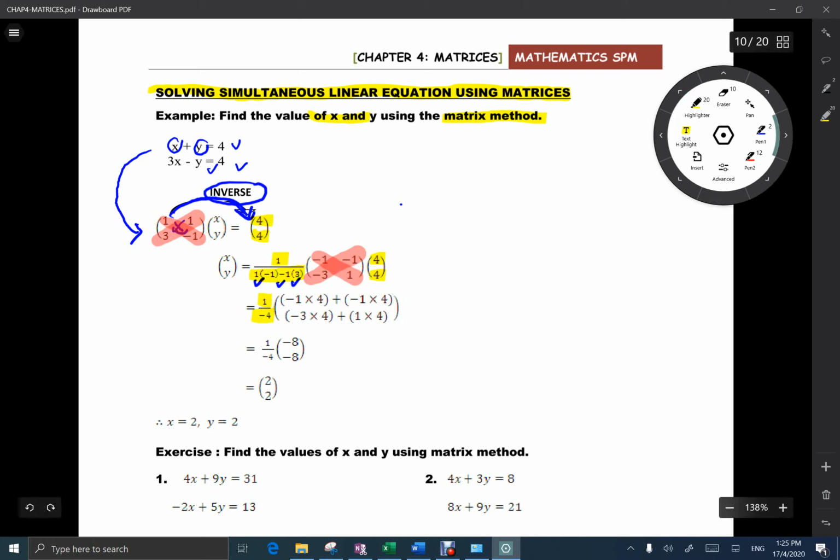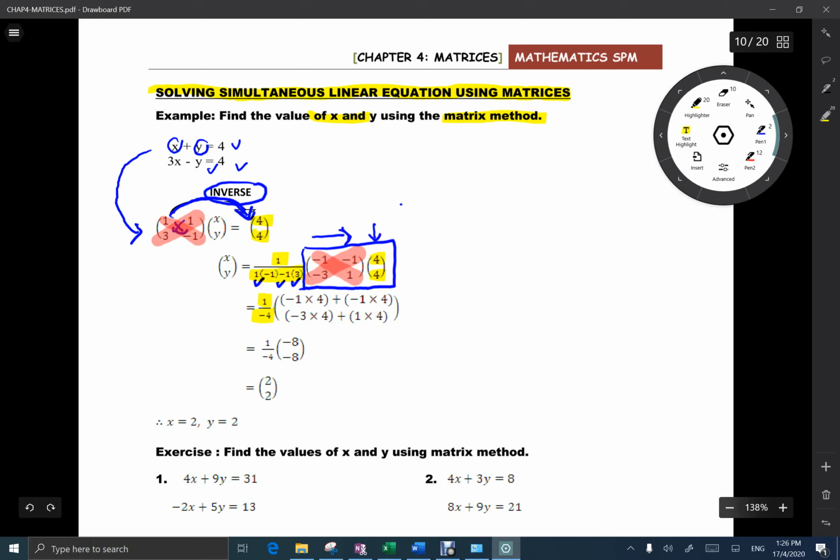Now the best part is you have to solve these two matrices. Do you remember how to multiply two matrices? We already learned this. So how to multiply matrices? It must be row times column. Ingat lagi kan?